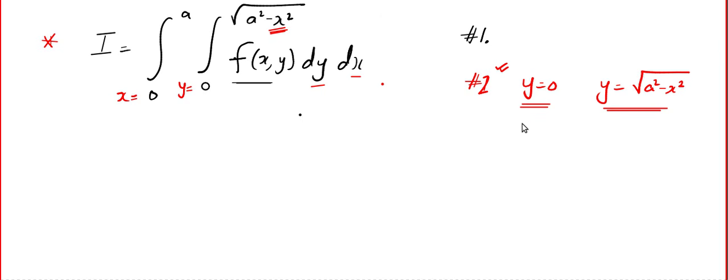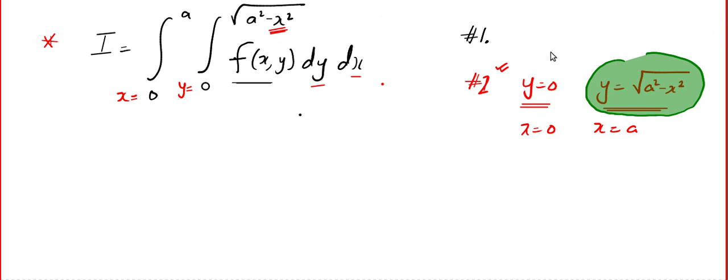Anyway, the other limits are x is equal to 0, x is equal to a. And always remember, you should give maximum importance to the limit which has a variable on both sides. I'll repeat, you have to give maximum importance to the limit which has a variable on both sides. After writing in this format, now what you do is, you manipulate this a little bit.